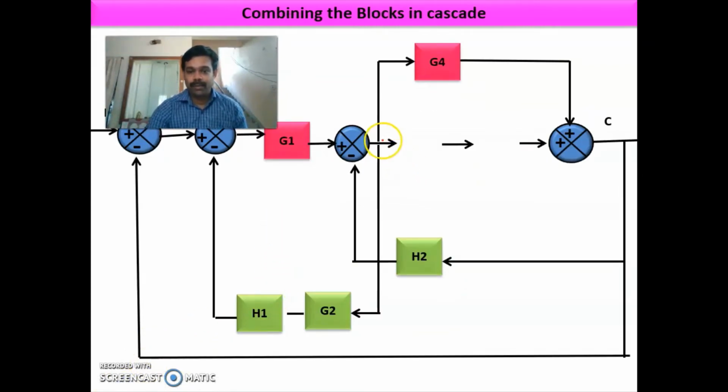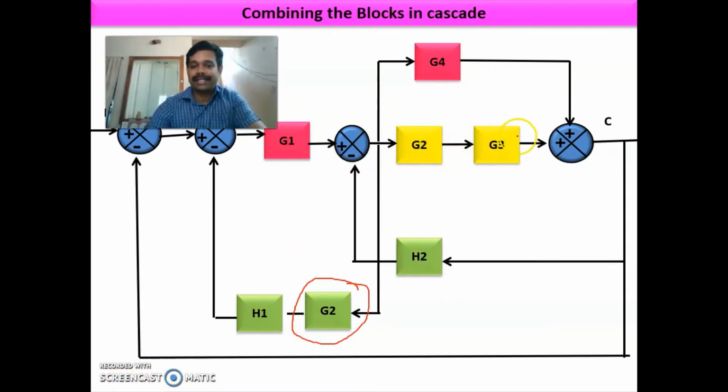So now we have moved this branch point before this block. So we have multiplied this line with a G2. Clear? So after that, these blocks G2 and G3 are cascade. So we can combine these two blocks into one block.